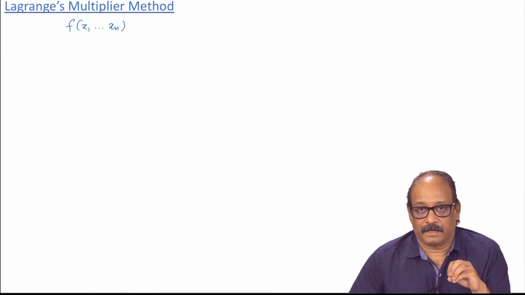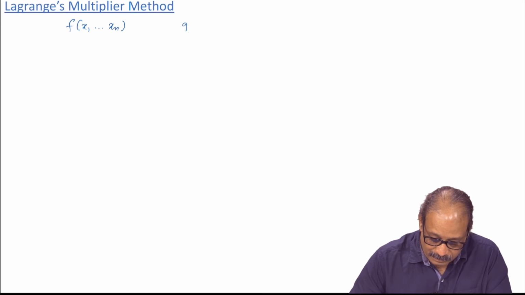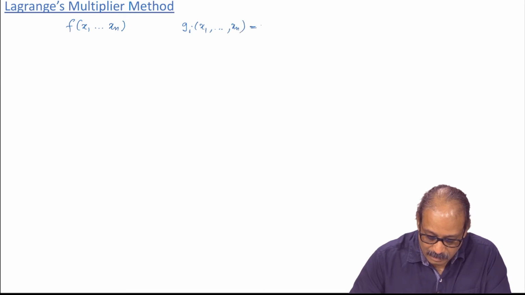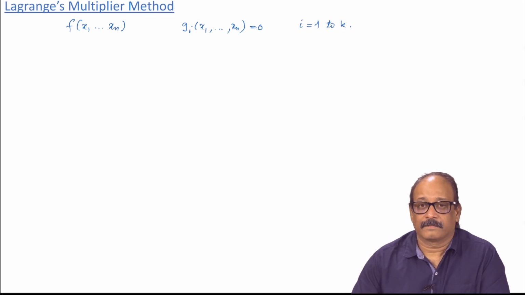We want to find the extremum of this function, and we have constraints in the form of these functions, but now you have k of these constraints. So, i goes from 1 to k. Okay. So, you have k constraints there.